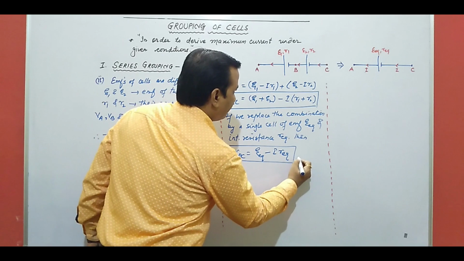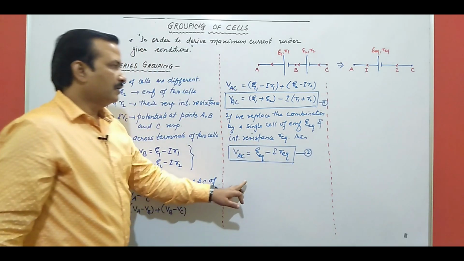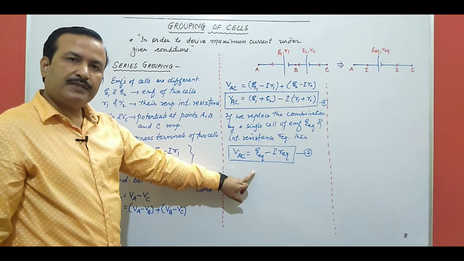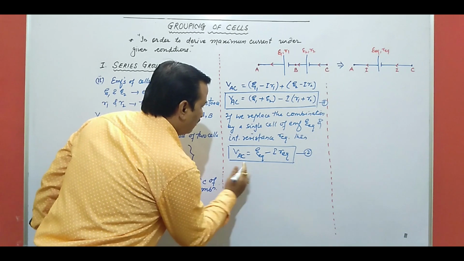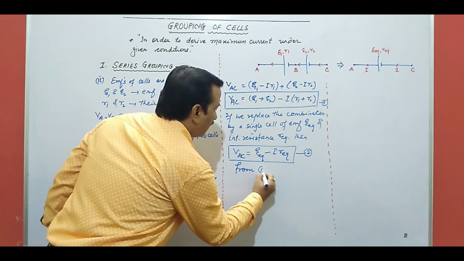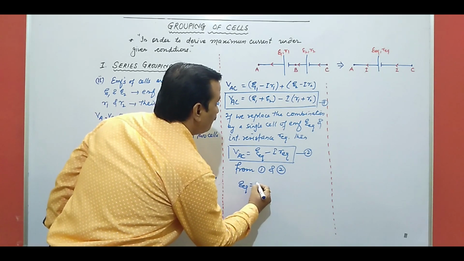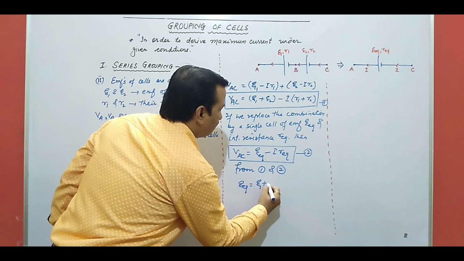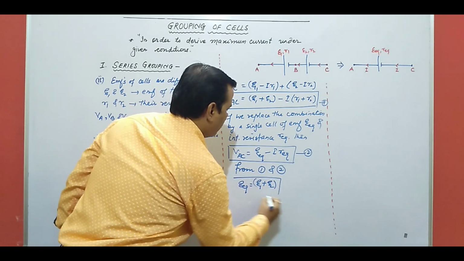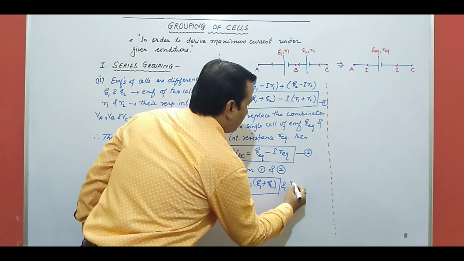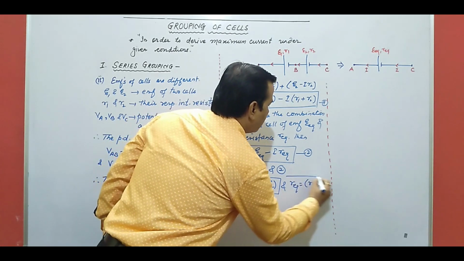General relation. This is 1, this is 2. Compare the two equations. E equivalent, you can write from 1 and 2, E equivalent is equal to E1 plus E2 and R equivalent is equal to R1 plus R2.